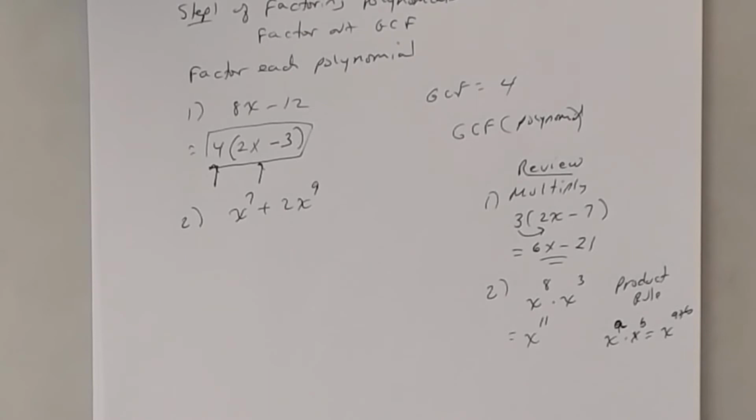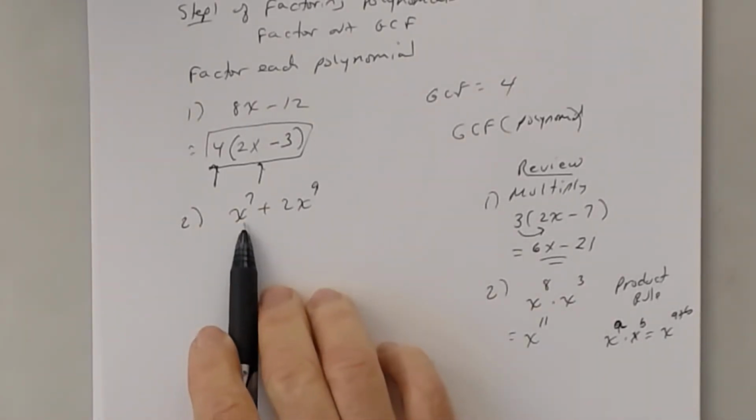Now, how many terms are in that polynomial for number 2? 2. You have enough knowledge to tell me what the GCF is. It's actually x to the 7th. How quickly you forgot. How many factors of x are in this term? 7.